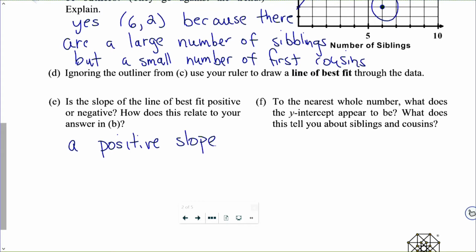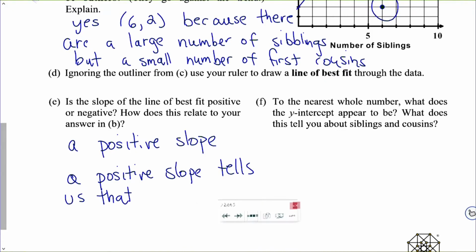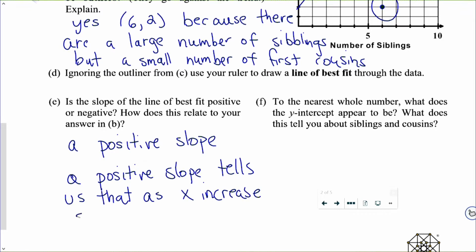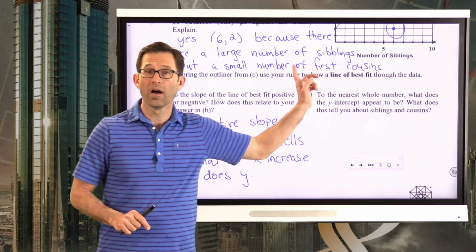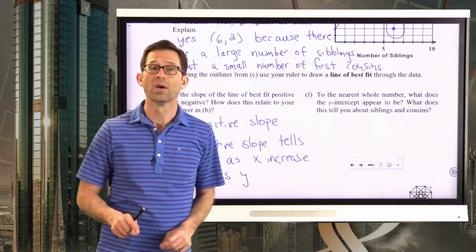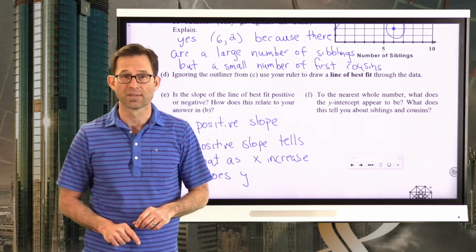And what a positive slope always tells us is that as x increases, so does y. In other words, as the number of siblings increases, so does the number of first cousins.